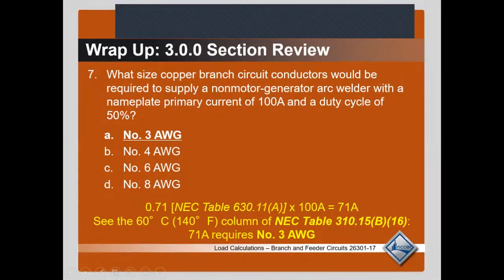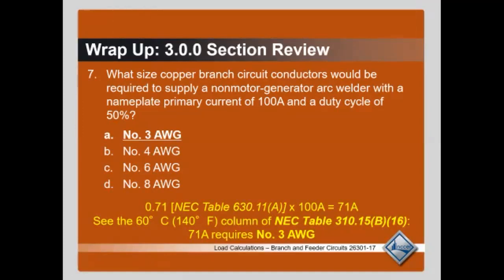So based on table 630.11(A), we're going to go to table 630. Either times 0.71 times 100.